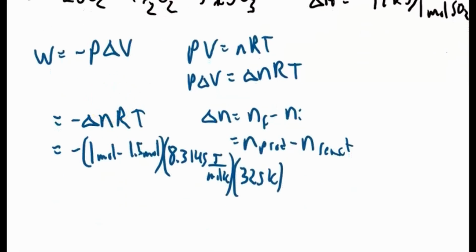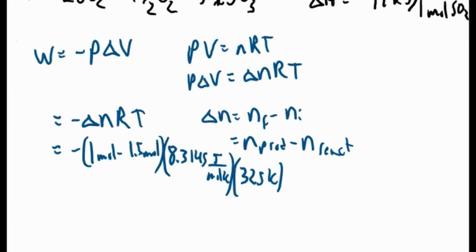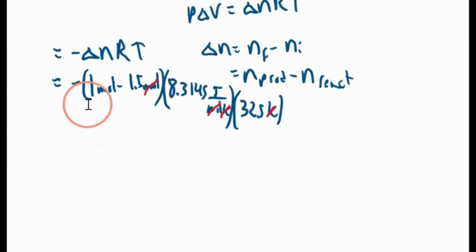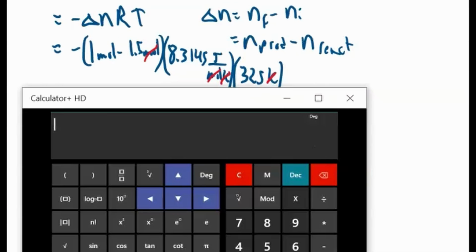Okay, so it appears that these are not joules. The Kelvin cancels out, of course, but it appears that these moles cancel out. And if those moles cancel out, what we're left with is, I'll just put this in, this would be negative 0.5.